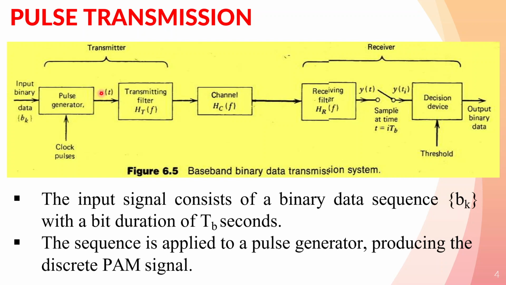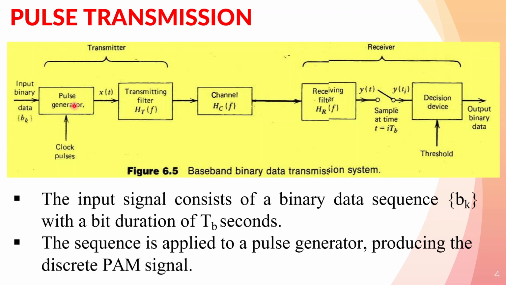Here this may be represented in terms of unipolar, bipolar, polar representations, which we have seen in our second unit, that is waveform representation and coding. You can represent these binary sequences in polar form, where ones are represented by positive voltage and zeros by negative voltage.